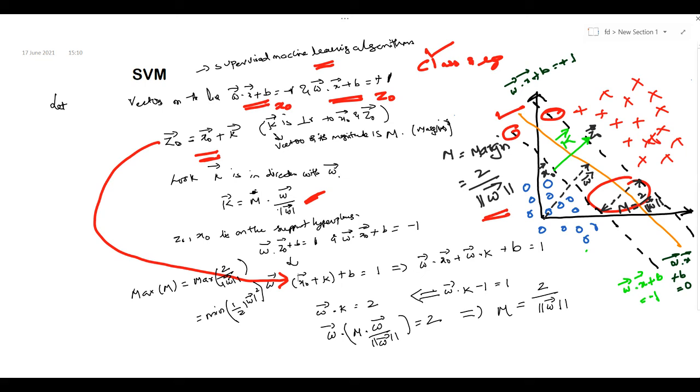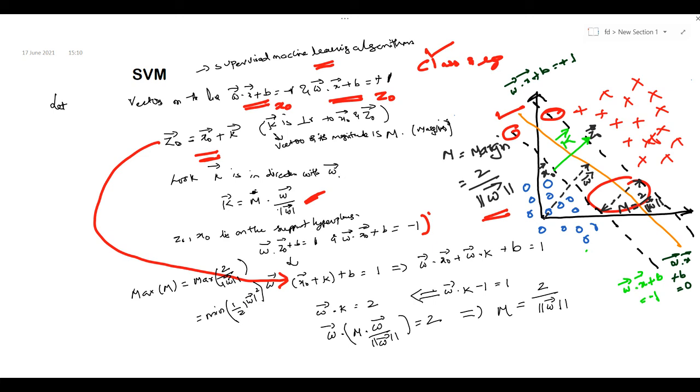So the two hyperplanes now are w bar · z naught bar + b = 1 and w bar · x naught bar + b = -1.